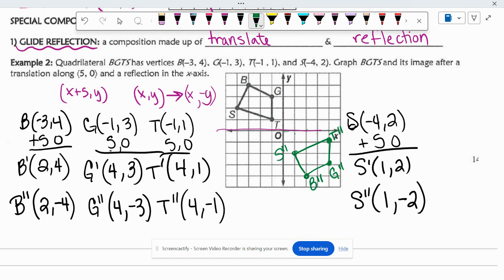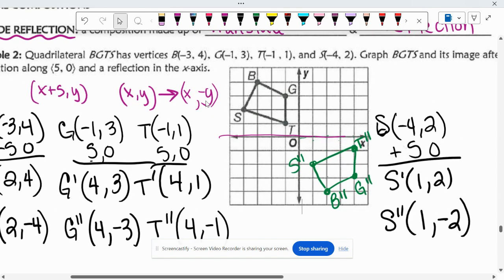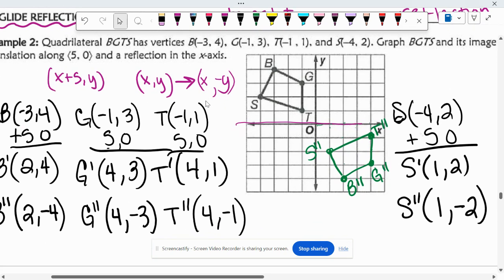Is this making sense? We feel okay about it? Okay, I'll leave that there for a second. Looks like some of you guys are still writing. Okay, raise your hand if you need more time.